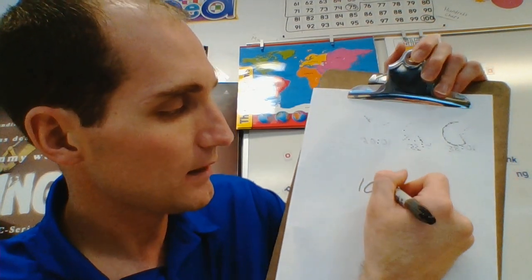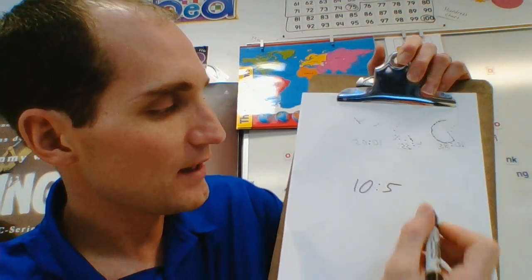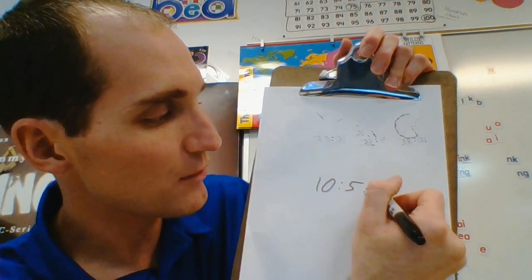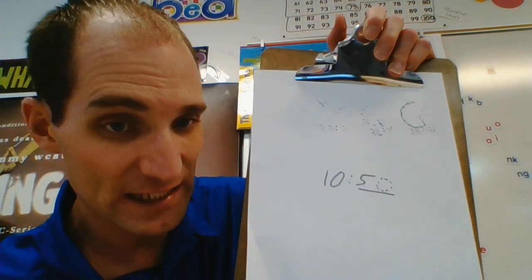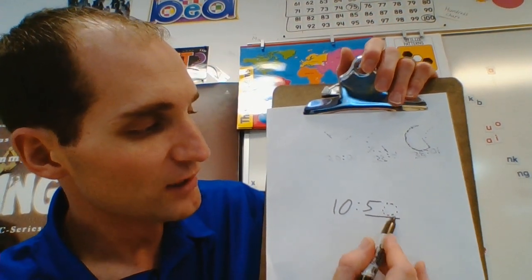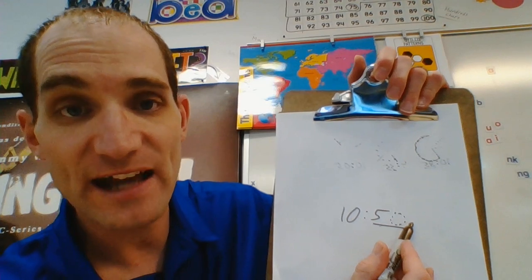Remember, we don't just write a 5, because if we wrote it like that, it would be 10, 5, and there's an imaginary number here, 50, which would change it to 1050, which we do not want. So you have to put your 0 here so that it doesn't change into a 50 accidentally. It's 10:05.